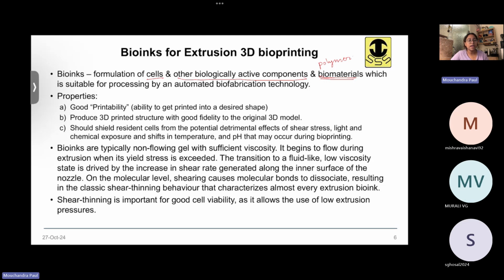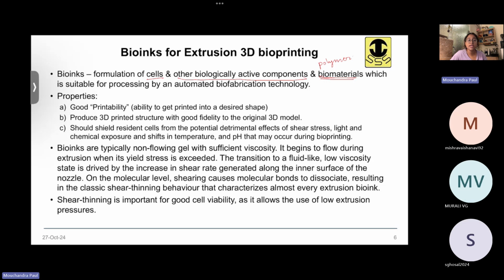And if you categorize polymers, there are different types, like thermoplastics and hydrogels. Mainly hydrogels are used in the bioink formulation, because hydrogels can retain a large amount of water, maybe double their weight or maybe triple their weight. Because of that, the cells can thrive well in an aqueous environment if you use hydrogel.